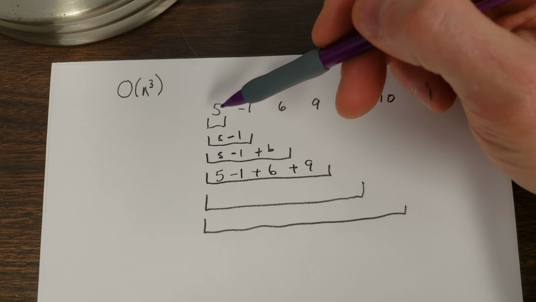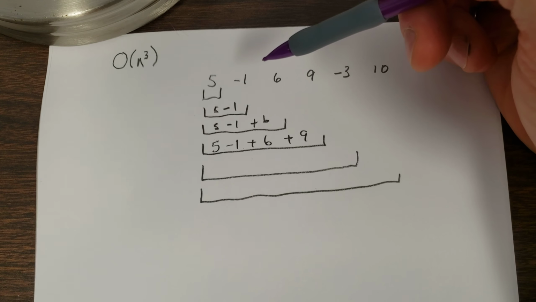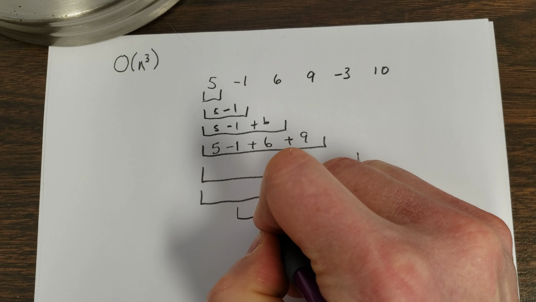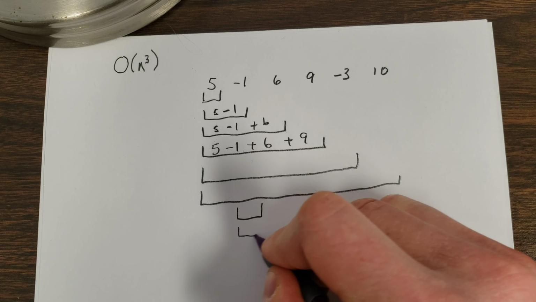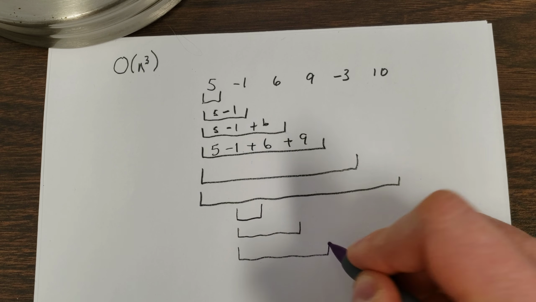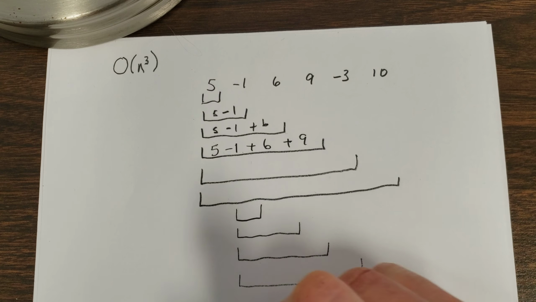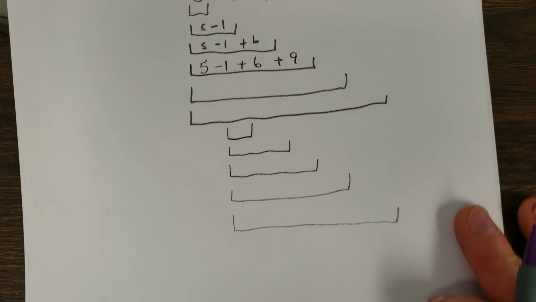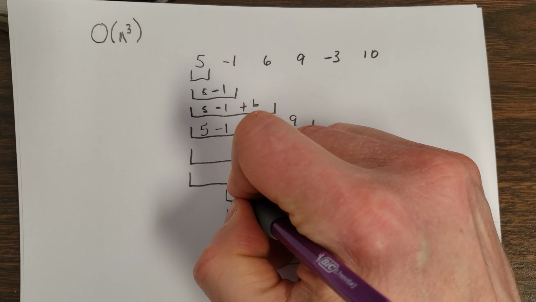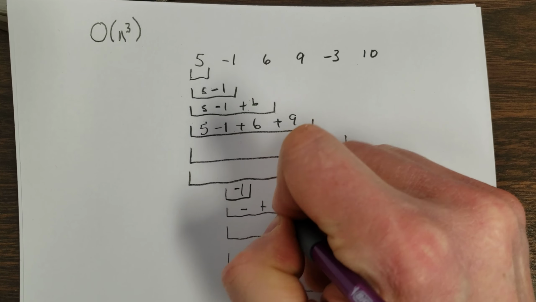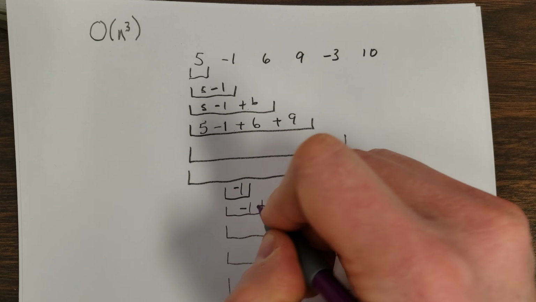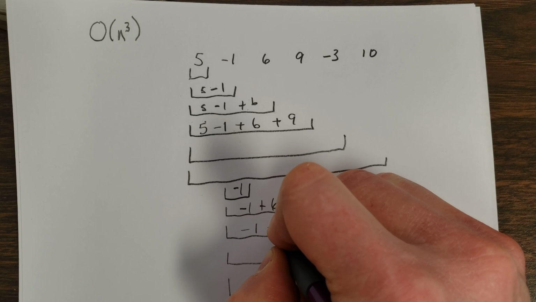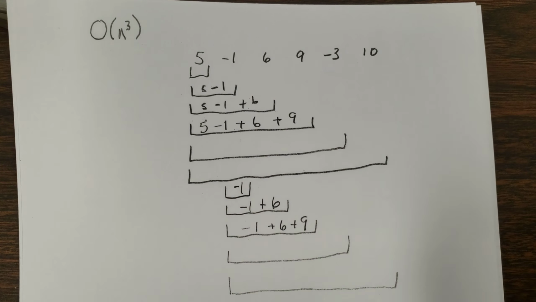With this, the next thing that we would do, and it's going to be kind of hard to draw, is we'd have all of our intervals starting at 5. So we do starting at 5, starting at 5, starting at 5, starting at 5. And then we'd have 5 minus 1, 5 minus 1 plus 6, and then 5 minus 1 plus 6 plus 9, and so forth.